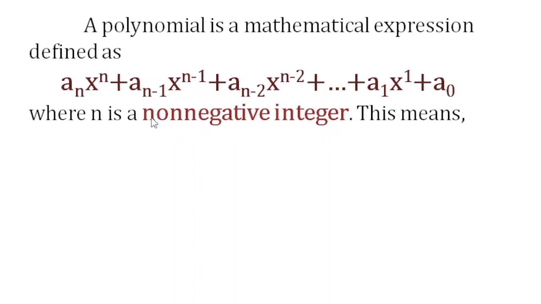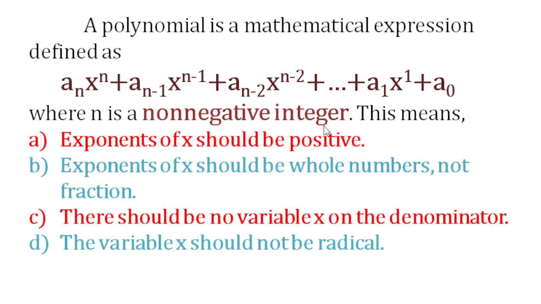So this expression, non-negative integer, means the exponents of x should be whole numbers and not fractions. There should be no variable x on the denominator, and the variable x should not be radical.